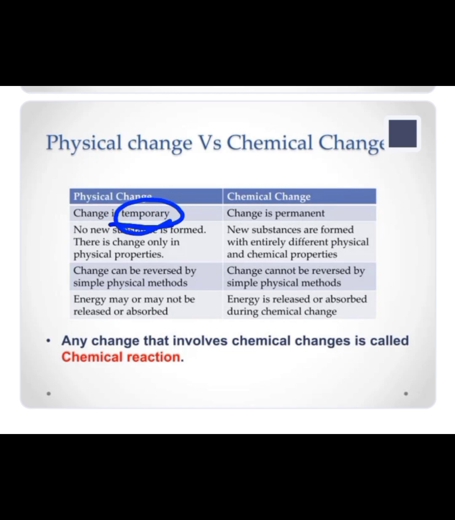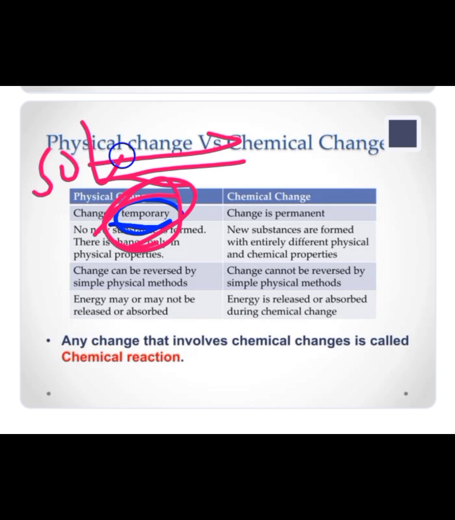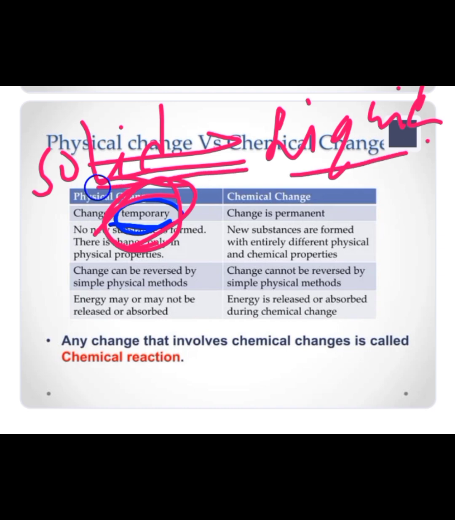How can you analyze it is a temporary change? You know about the melting of ice, that is an example of physical change in which the interconversion of the solid state into the liquid state, and reversibly it is possible to change the liquid into solid again by freezing.